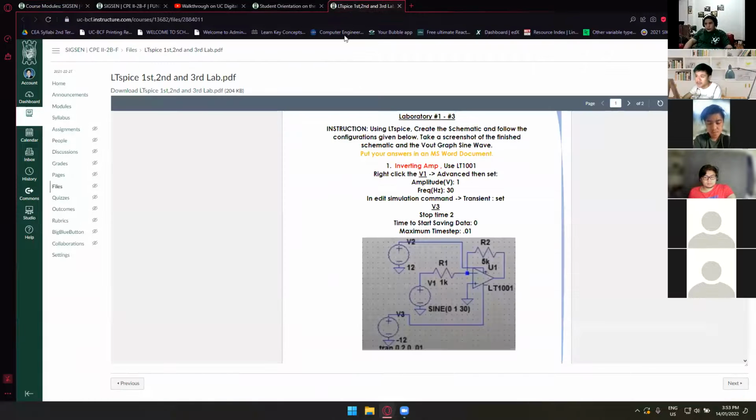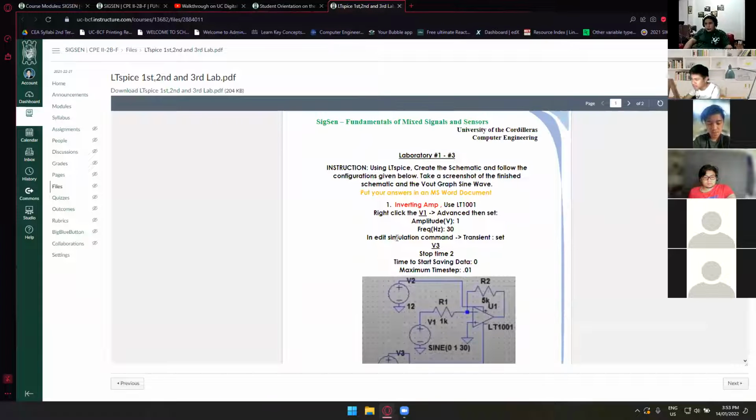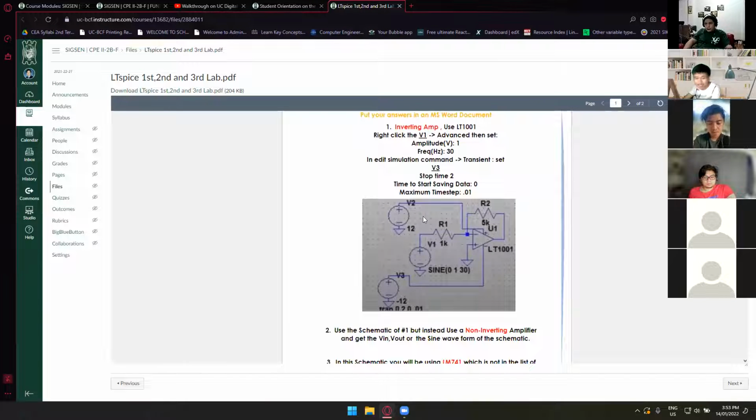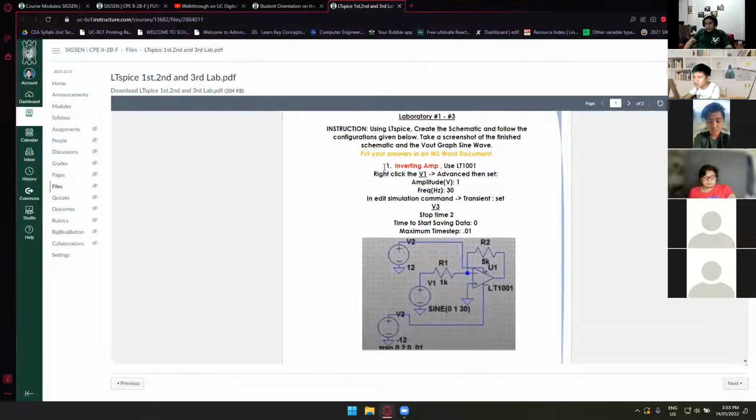I don't know why I called it lab number 1 to 3, maybe because we have 3 separate schematics in this 2-page instruction. For number 1, of course, you're going to make an inverting amp, wherein all the information or configuration is already in here.